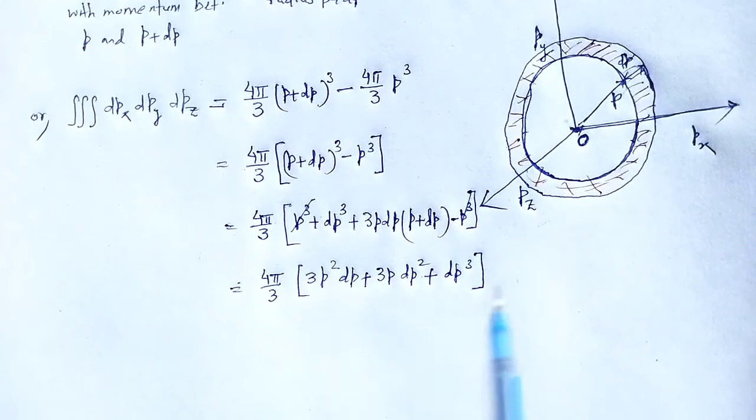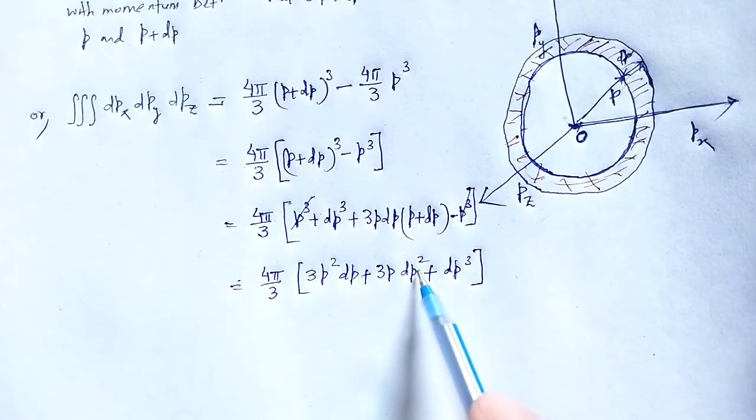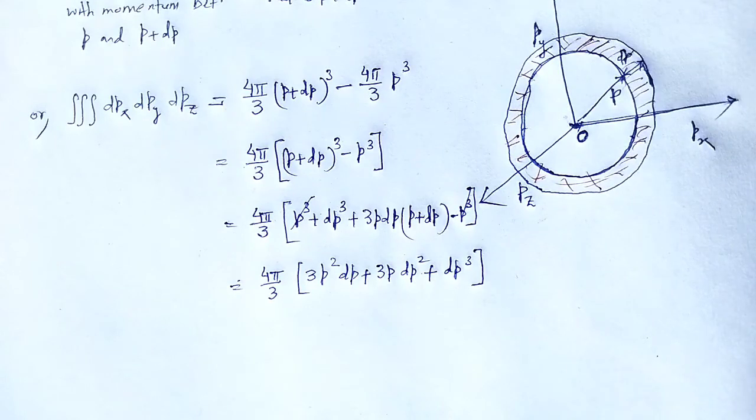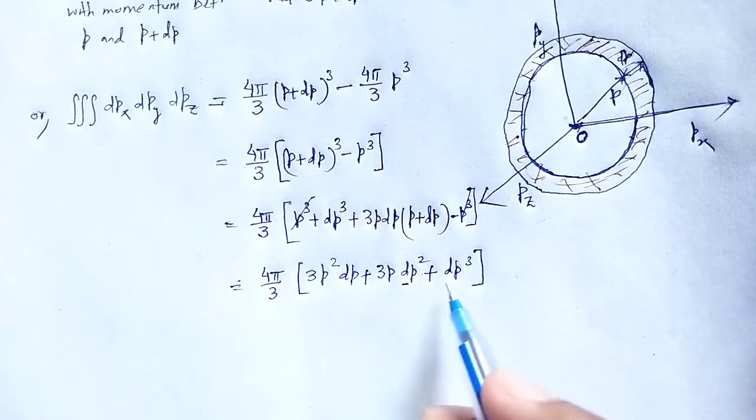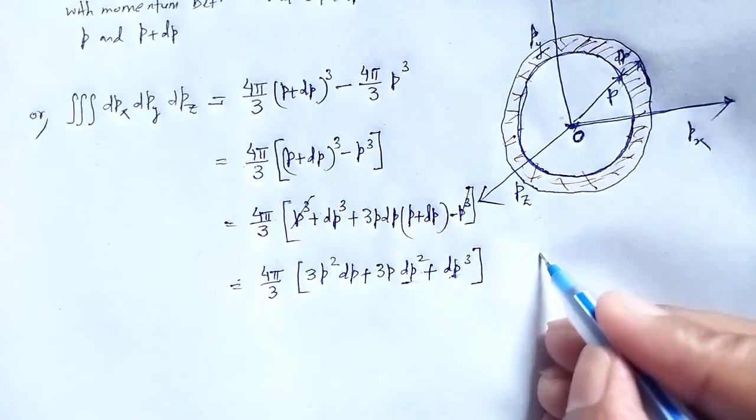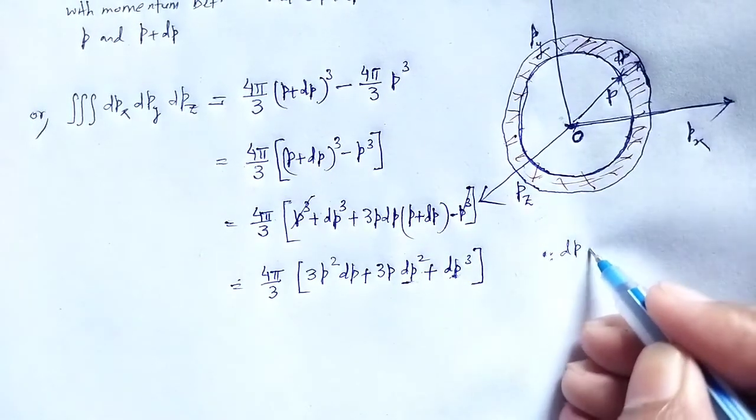Since dp is small, its squares and cubes are very small, so we neglect dp square and dp cube.